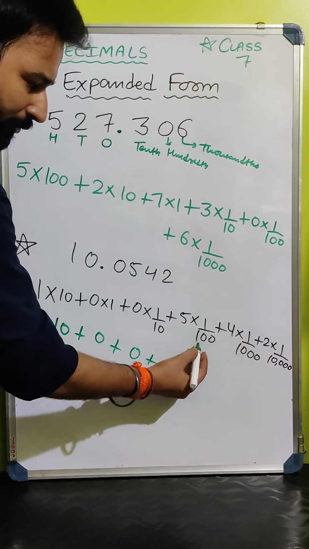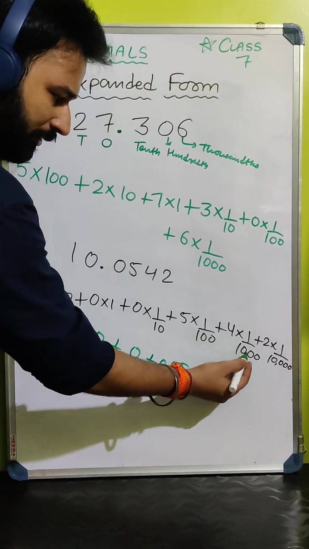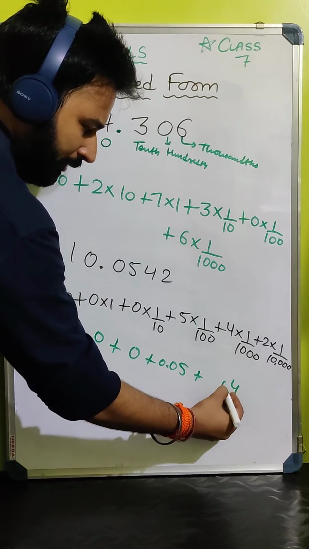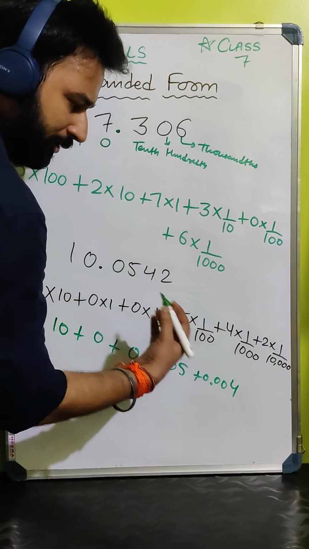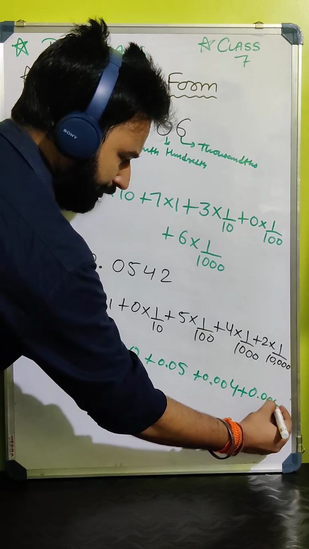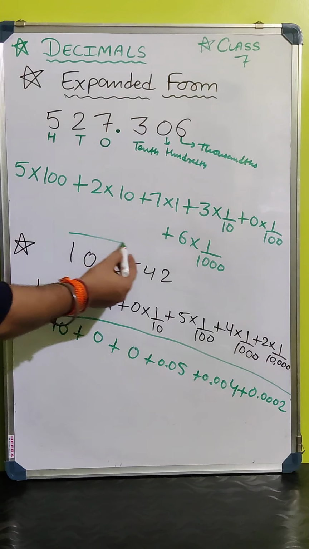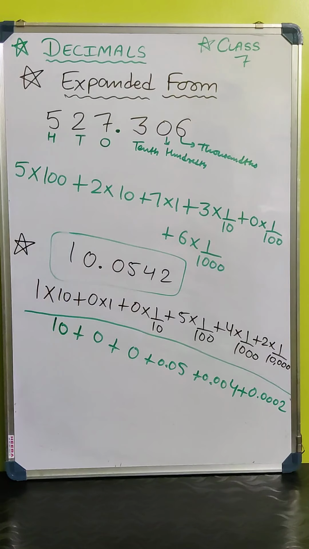After two decimal places this is 0.05, plus 0.004, and this is 0.0002. So if you have to write it in decimal, you will write like this. When you add all the numbers, you will get 10.0542. I hope you understand the concept of the decimals.